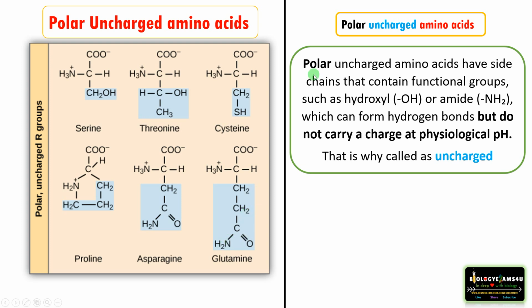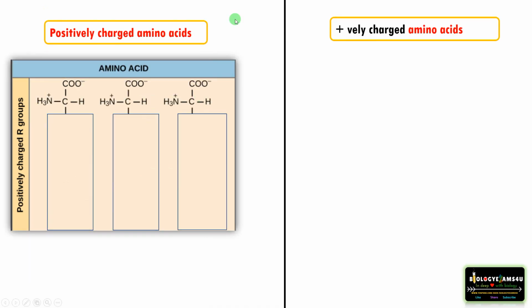So polar uncharged amino acids have side chains or functional groups that are hydrophilic, like hydroxyl group or amide group, but they are uncharged at physiological pH. That's why they are called polar uncharged amino acids. The next in the list is positively charged amino acids. It's very easy, as these amino acids carry a positive charge at physiological pH.